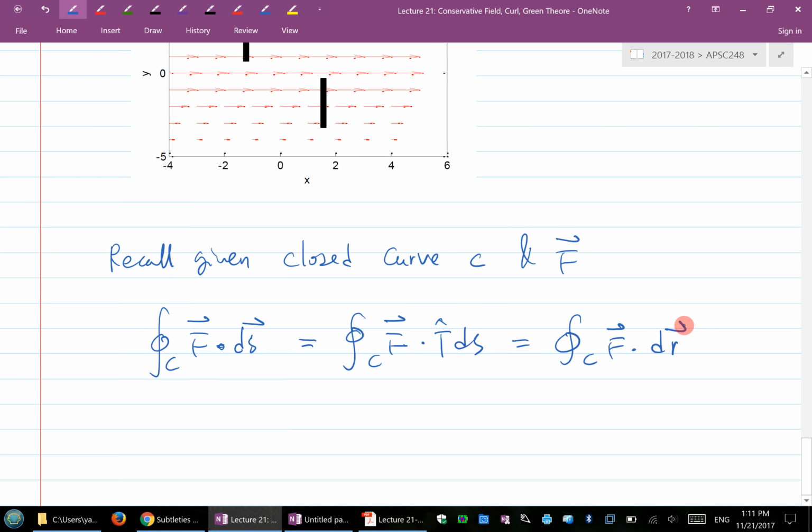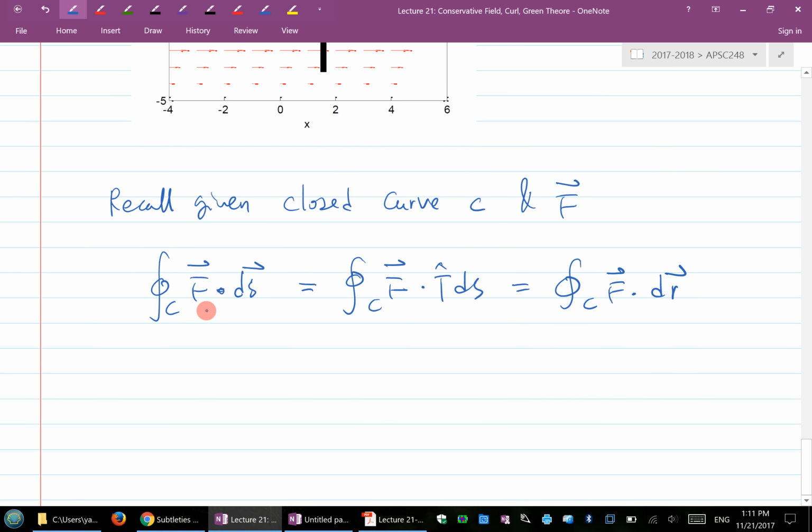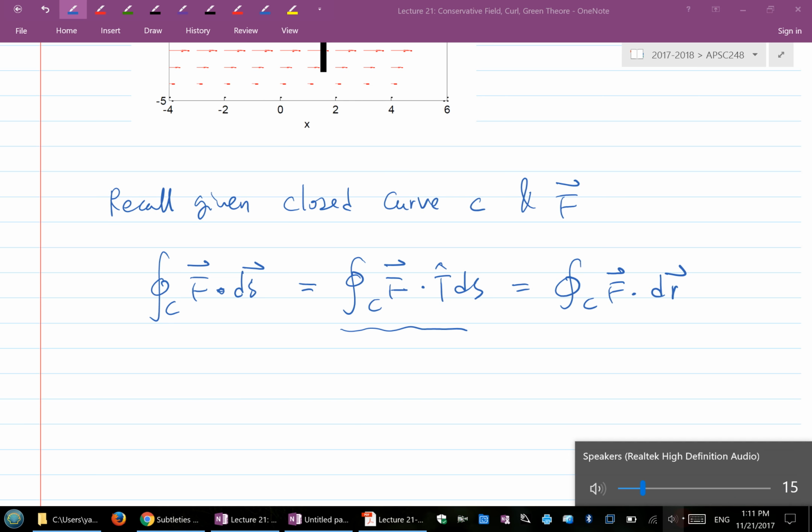So you have a closed curve C, and then you integrate this vector field across this curve C. Particularly the second one here is F dot T hat. T hat is the tangent vector, right? So the direction of the curve C. Any vector dotted with a unit vector gives the projection.